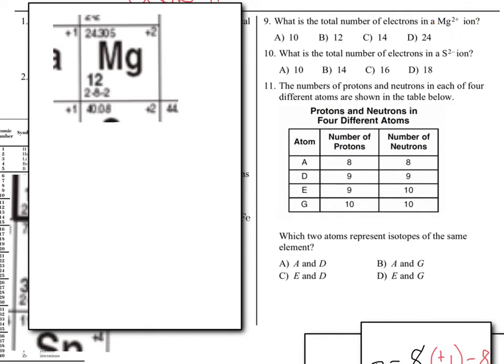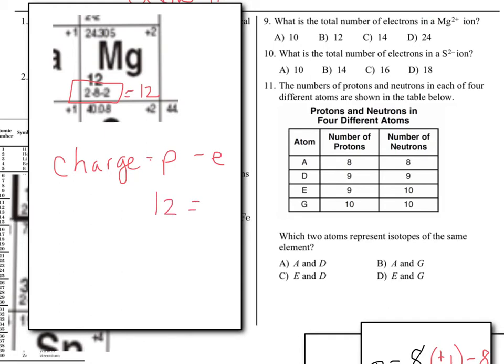Remember, unless the symbol indicates it's an ion, as is indicated in this question, we will always assume that we have an atom. Now, when we look at the atom of magnesium, we see the electron configuration indicates that we have 2, 8, and 2 electrons. That means we have a total of 12 electrons. But the ion has a charge of +2. Remember that the charge is equal to the number of protons minus electrons. All magnesium symbols always go along with 12 protons.